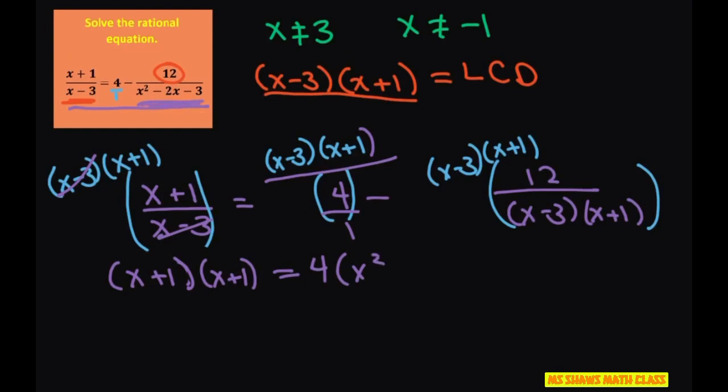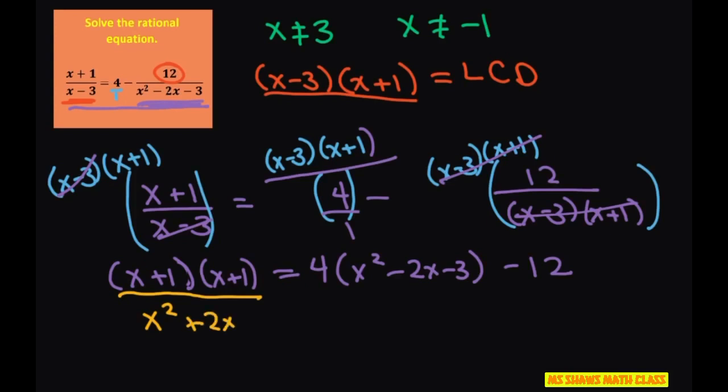So it's going to be x squared minus 2x minus 3. And then this one cancels, so we have minus 12. We're left to simplify all of this. So when you condense this, you're going to get x squared plus 2x plus 1 equals 4x squared minus 8x minus 12 minus 12 for this piece.